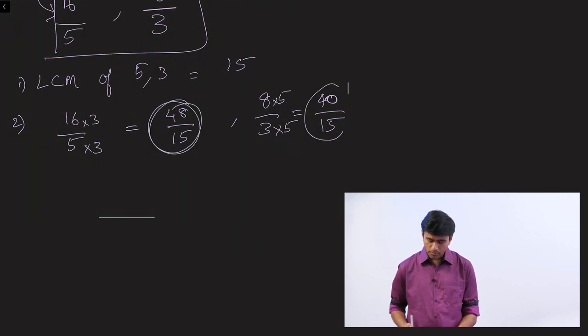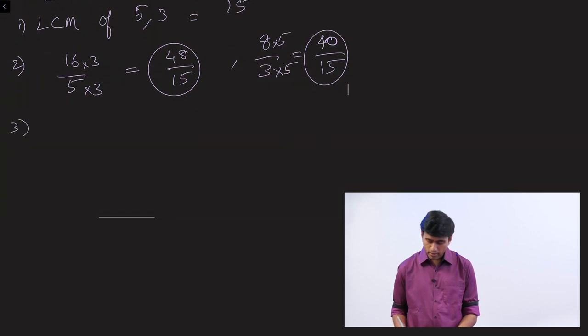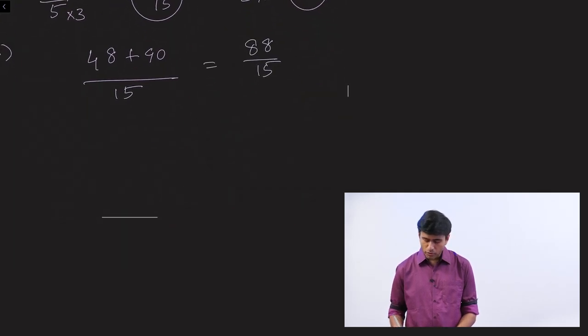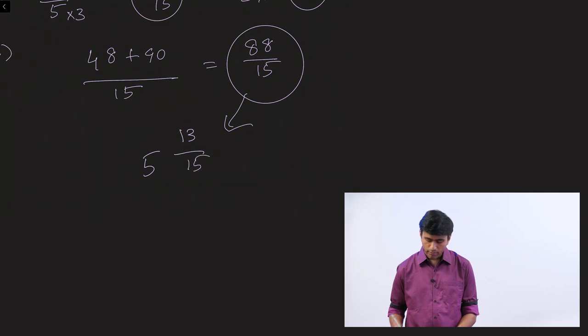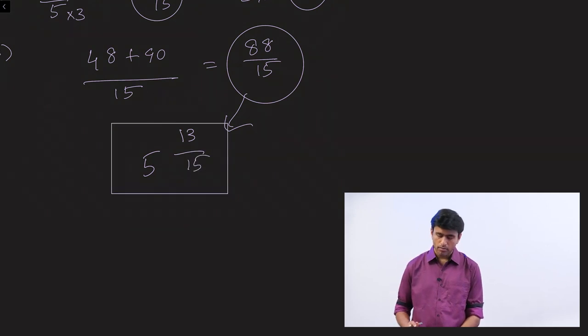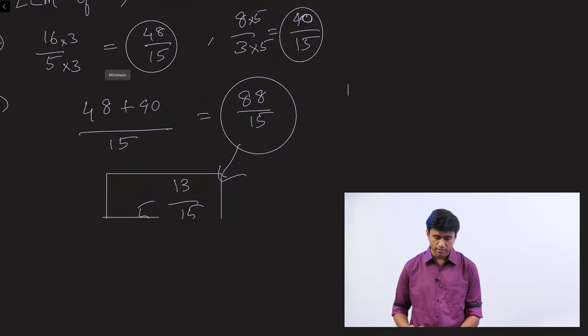The third step is to add 48 plus 40 by 15. That's 88 by 15. If you do the division, you will be able to change this into a mixed fraction, which is the simplest form. 5 13 by 15. This is how you do addition of fractions.